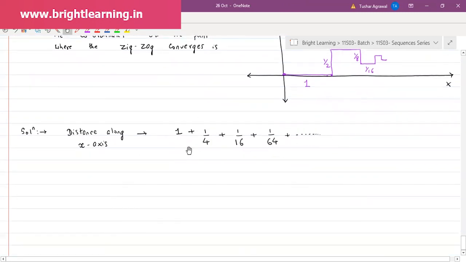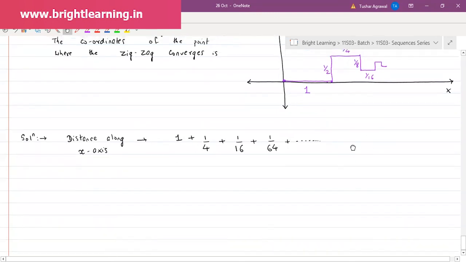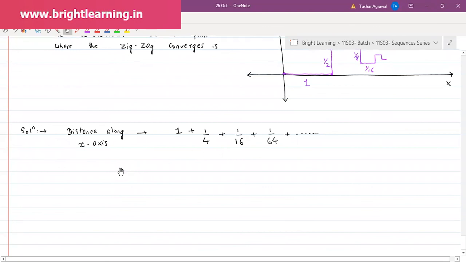So this is the total x coordinate. Final x coordinate will be equal to the addition of this sequence.